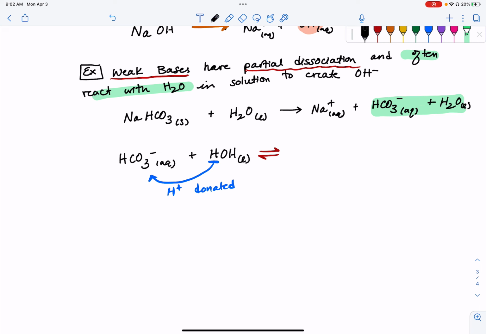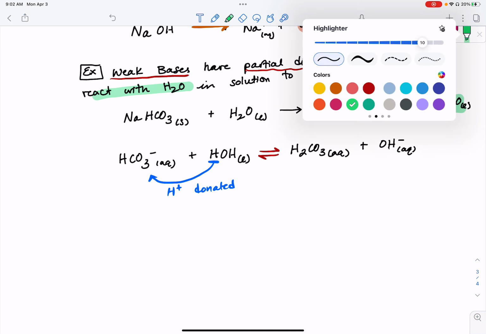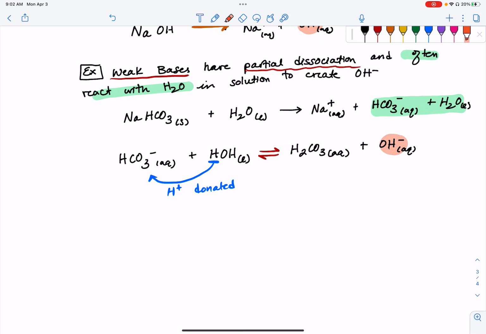And this will form for us H2CO3 and the remaining hydroxide ion. So if you think about detaching this H and giving it to here, then we would result in just an OH- left over, which is what makes us a Bronsted-Lowry base.